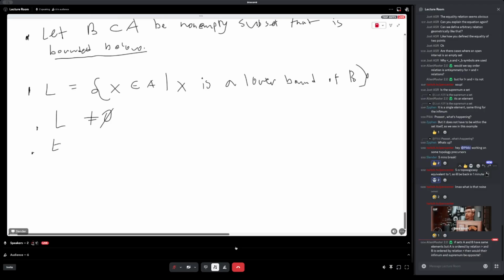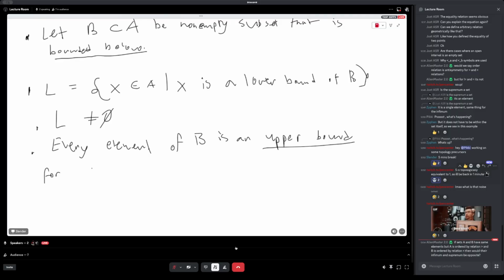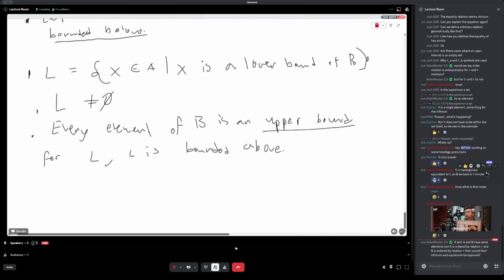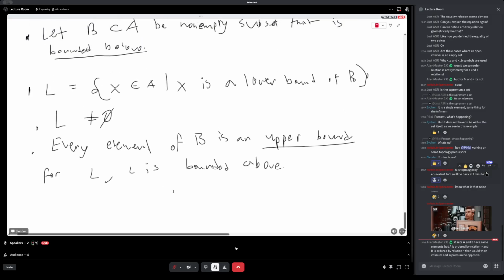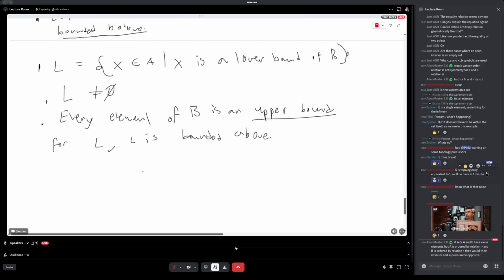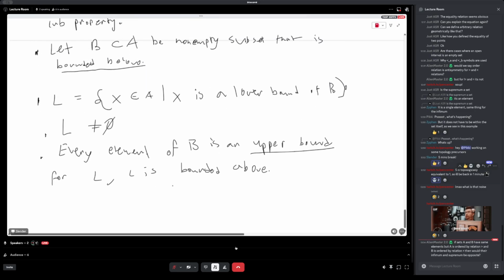So now every element of B is an upper bound for L. So this shows us that L is bounded above. And now guess what we can do? L is bounded above, so it has a least upper bound.